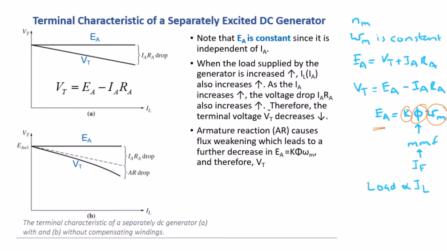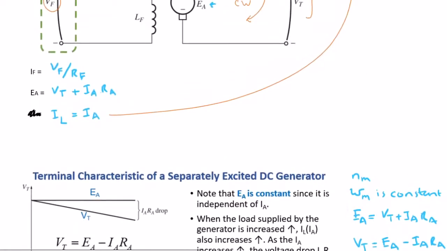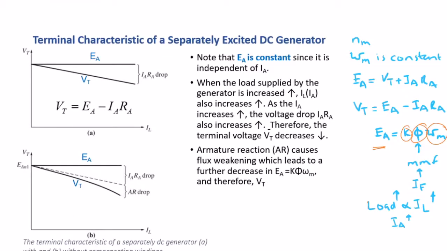So when the load is increased, IL will also be increased, and IA will also be increased because IL is equal to IA. Here you can see that IL is equal to IA, and therefore when IL is increased, IA will also be increased.